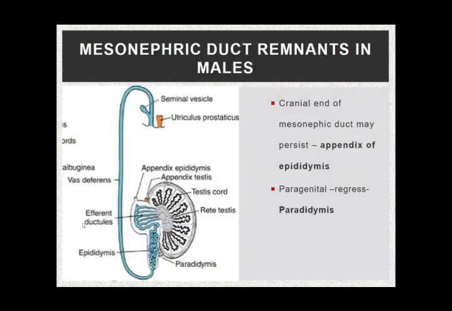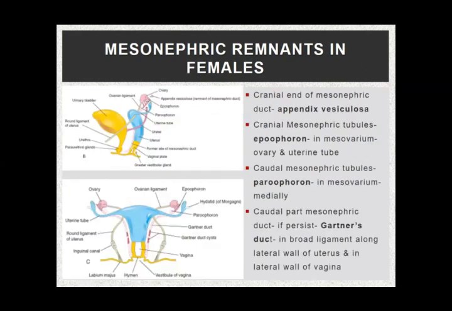In females, what happens to the mesonephric tubules that remain? In the cranial part they develop into a structure called the epoophoron.